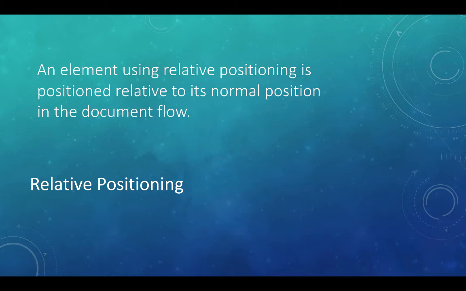As you saw, absolute, if it moved, such as box 1, it moved out of the document flow, and box 2 moved up into its place. However, if we use relative positioning, it keeps that space and doesn't allow anything to move into it, but it still will move the item however many pixels out of the way. Let's go take a look at what this means.